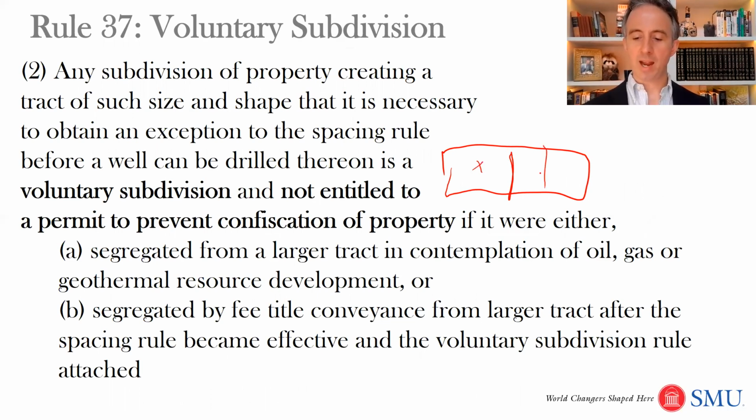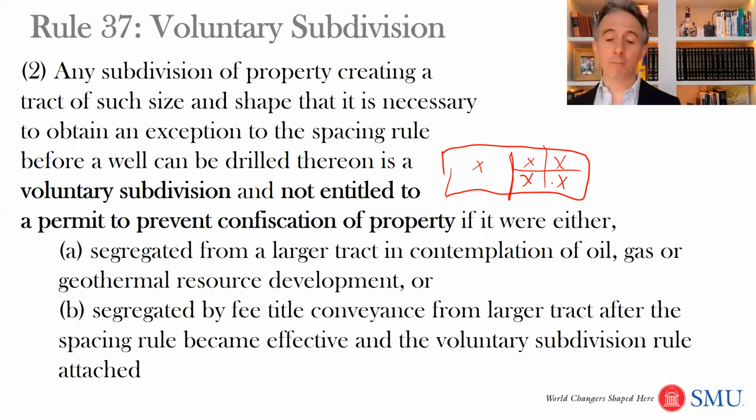If you subdivide this into 4 10-acre properties, each will get a well. And so you could actually make more money by selling it out subdivided, because you're basically selling the right to drill all these different wells, each of which are going to get living allowables. So that's why the voluntary subdivision rule, which is part of Rule 37, was necessary.